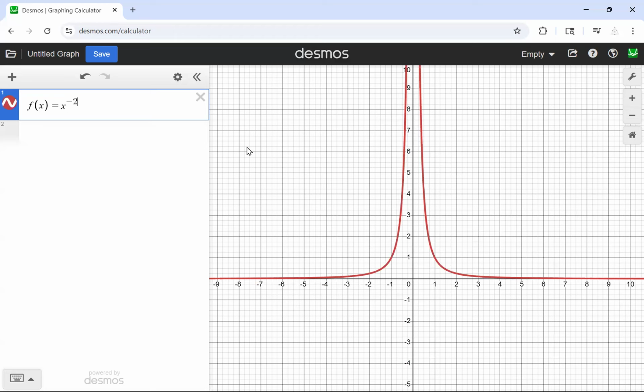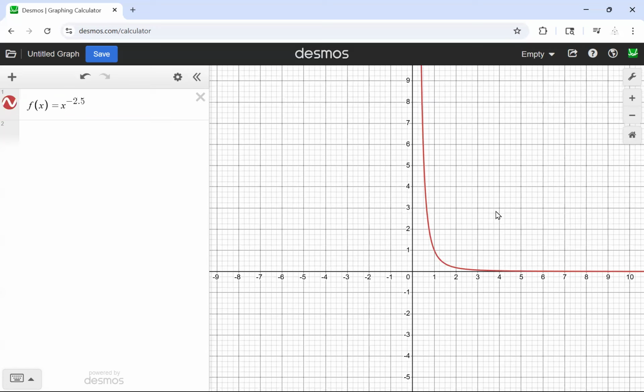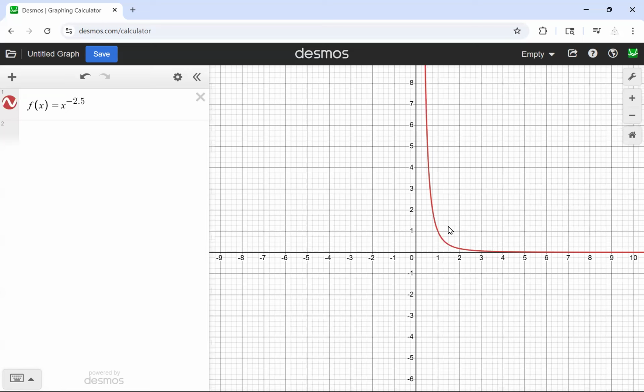Negative 2 looks like this. Negative 3 looks like this, and so on and so forth. Negative 0.5 gives this graph. Negative 2.5 gives this graph. So we get lots and lots of different shapes with those different exponents.